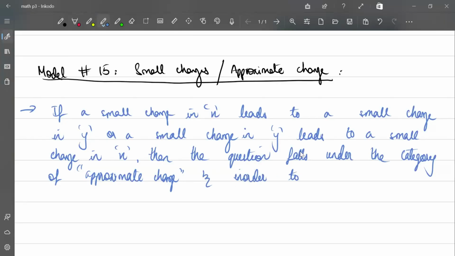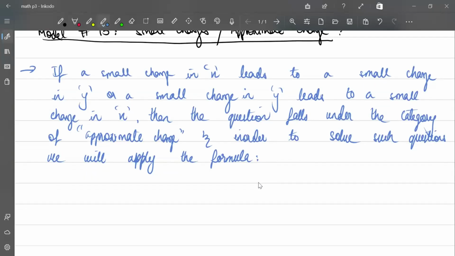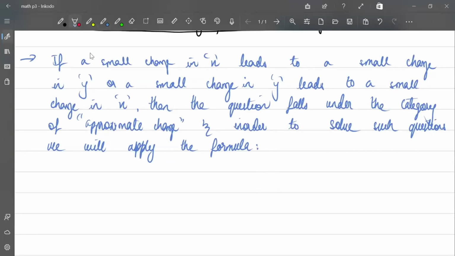And in order to solve such questions, we will apply the formula. And this formula is this: small change in y is equal to dy over dx into small change in x, right?